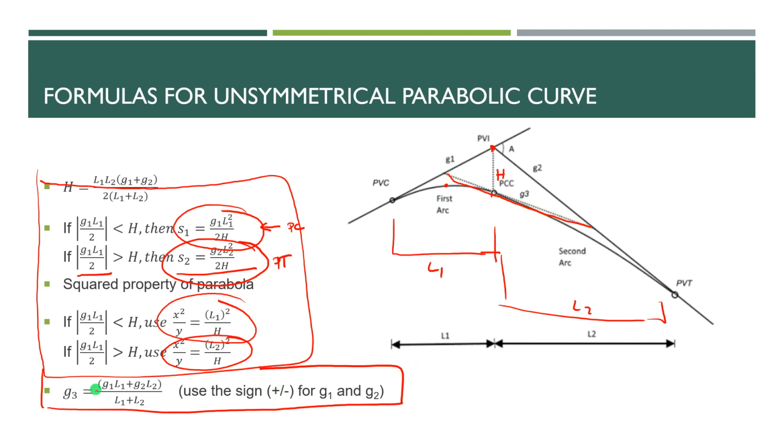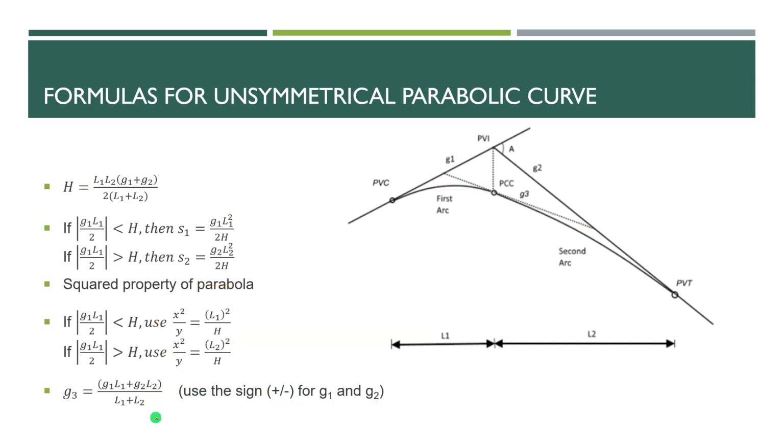Okay, so here, unlike the solution here where we take the absolute value of the grades or the slope of each tangent, here in G3 we use the positive and negative signs of the corresponding tangents. So we have G1 L1 plus G2 L2 over L1 plus L2.